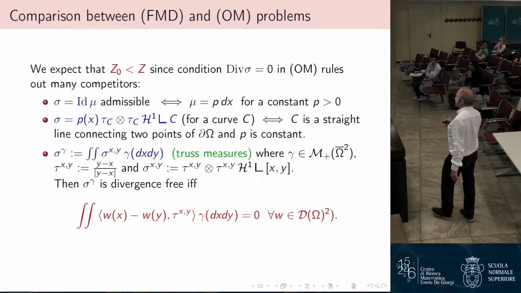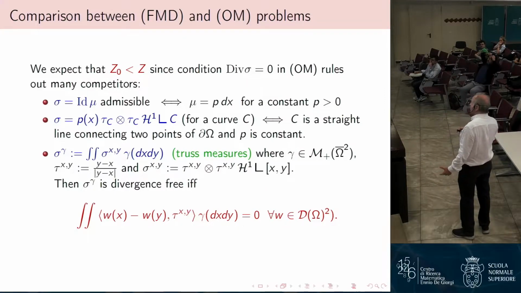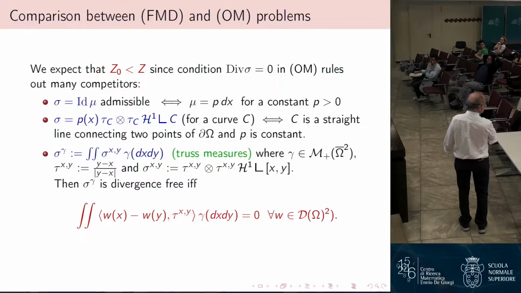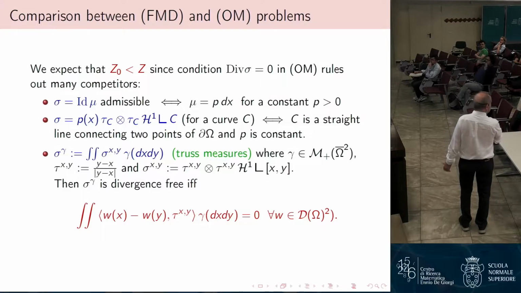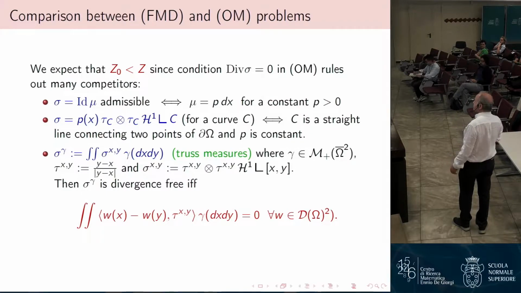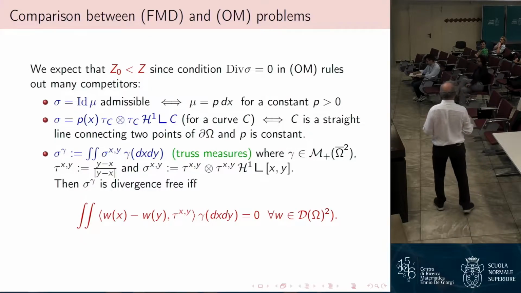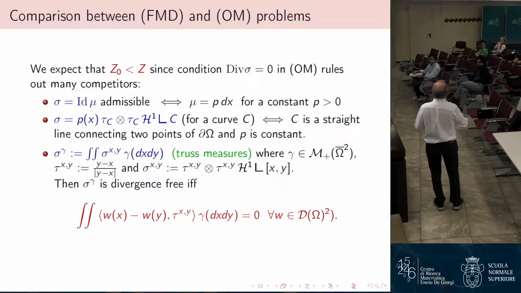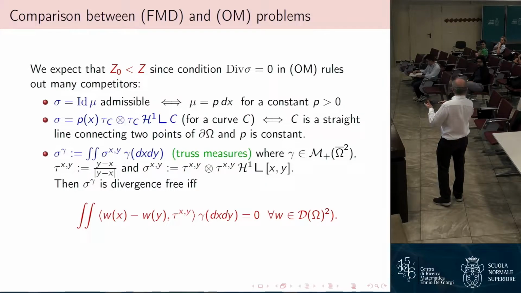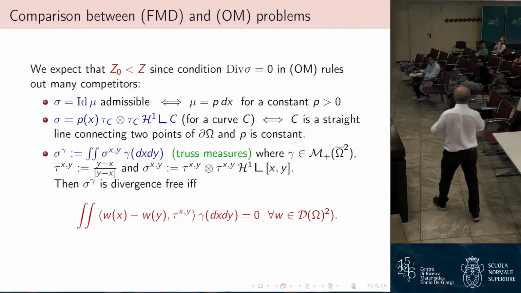But in addition, when you compute the divergence of this, you obtain the curvature of C. So automatically, the curve has to be a straight line, and this straight line has to connect boundary points of omega. So you can use a straight line, but you can also use a combination of straight lines crossing at a good angle.